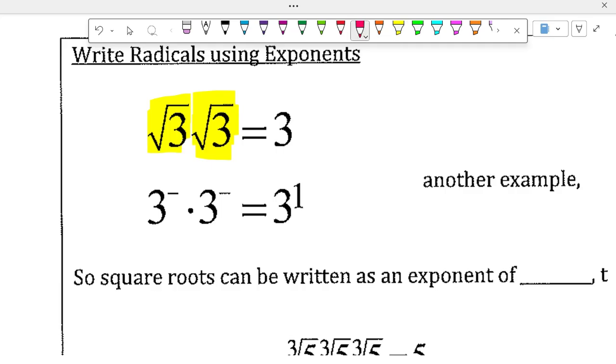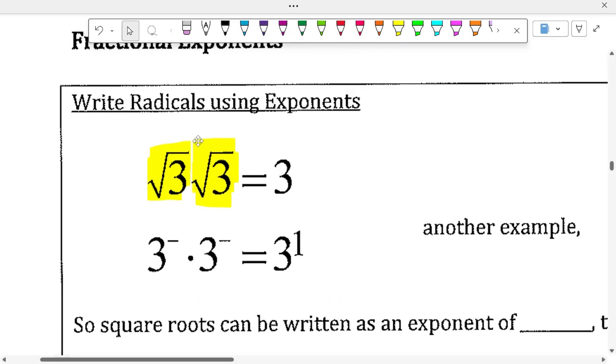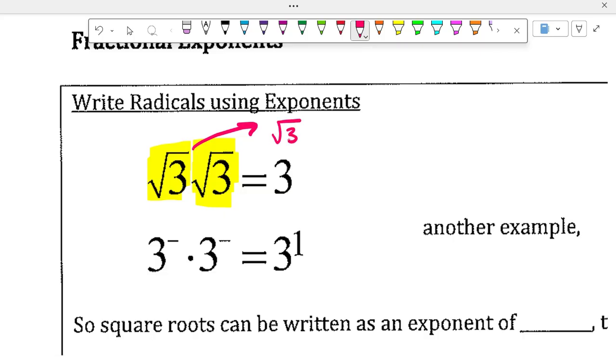Because remember, I can rewrite square root of 3 times the square root of 3 as what? The square root of 3 what? Squared. And what happens when you square a square root? They cancel out. So that's how we get 3.